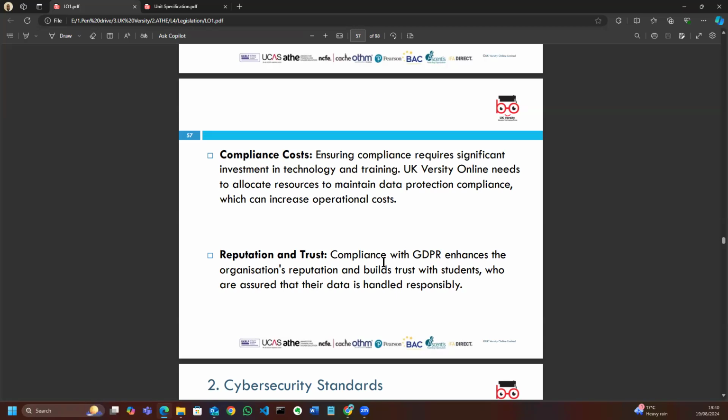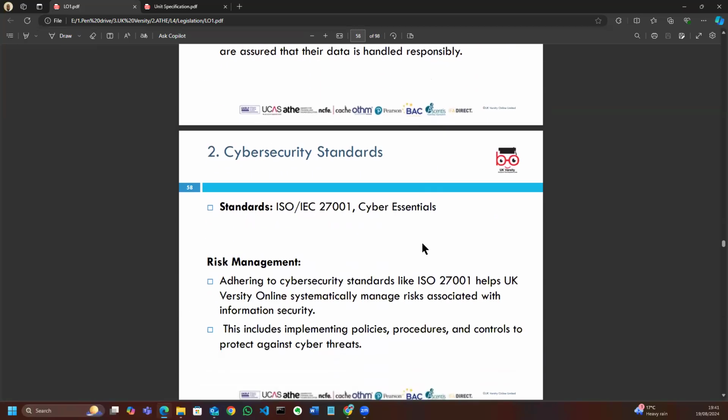Reputation and trust, where compliance with GDPR enhances the organizational reputation and builds trust with the students, who are assured that the data is handled responsibly.